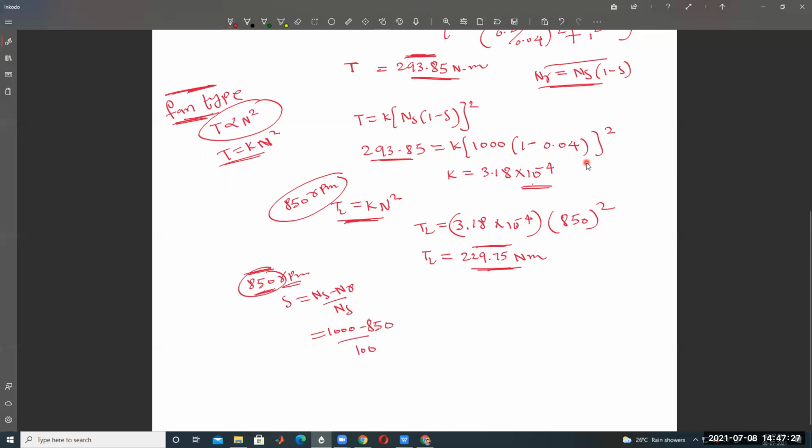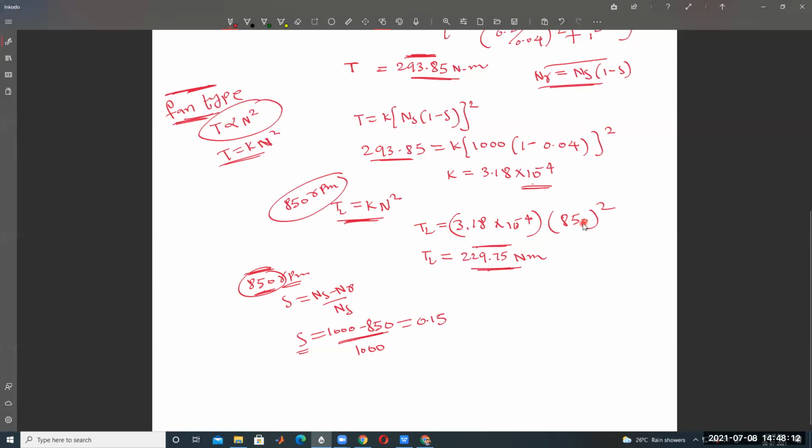Use the calculator. What is the slip? 0.15. Good.